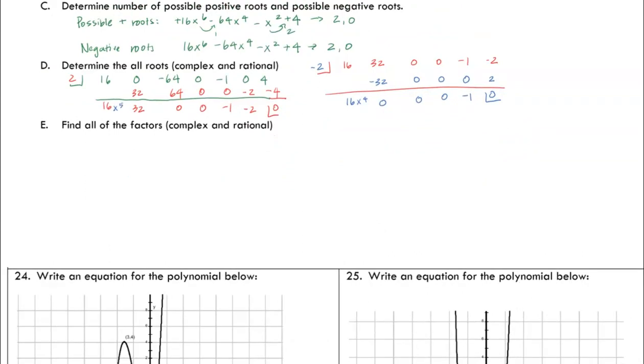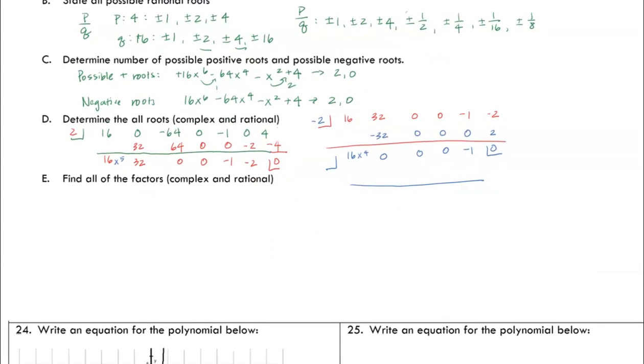Okay. Whew. Keep on going. Let's try, what were the possible roots? Should we try 4? No, it needs to make that 16 smaller. How about something like negative 1/4 or 1/4?